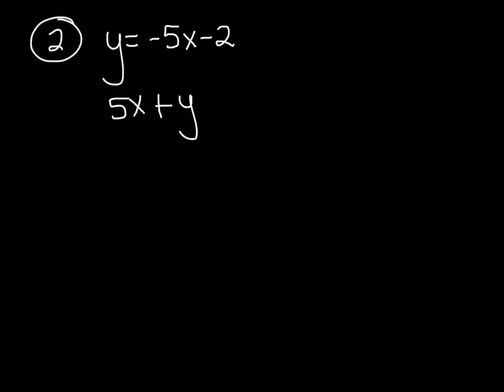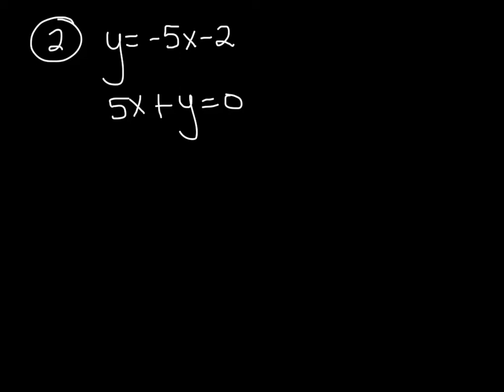So let's look at another example. Example number 2. y equals negative 5x minus 2, and 5x plus y equals 0. In this equation, we also have one of our variables solved for y, by itself.